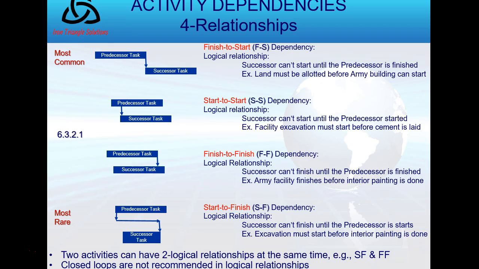And closed loops are not recommended in logical relationships. Closed loops often happen in mathematics or in computer language, where things will loop and loop and loop till you get the right answer. Closed loops aren't really recommended in these logical relationships. They're just, frankly, straight line dependencies, relationships.